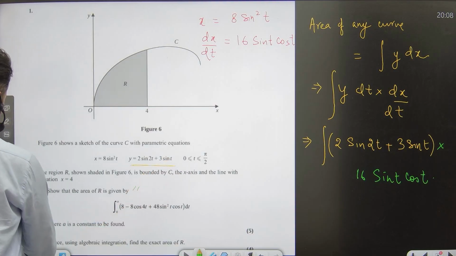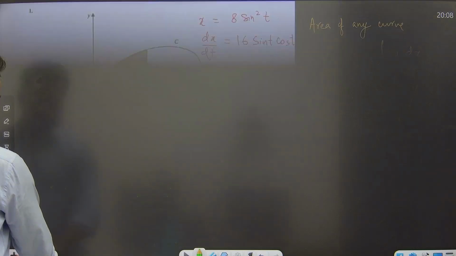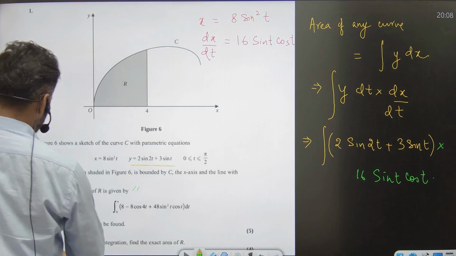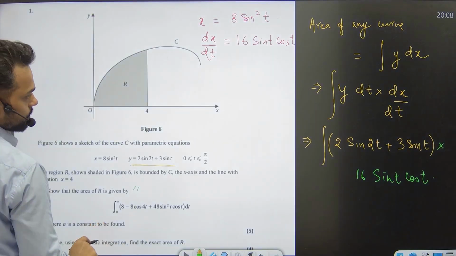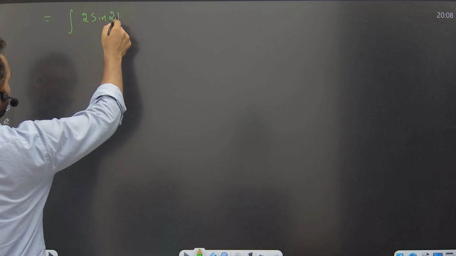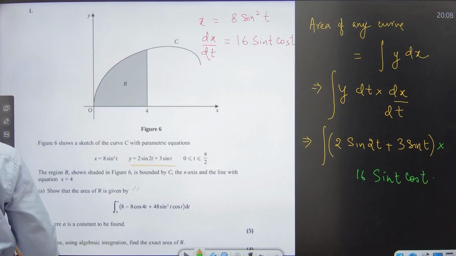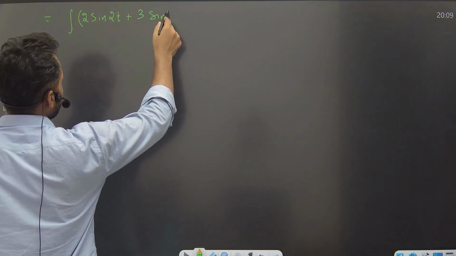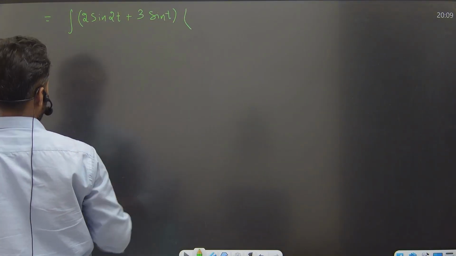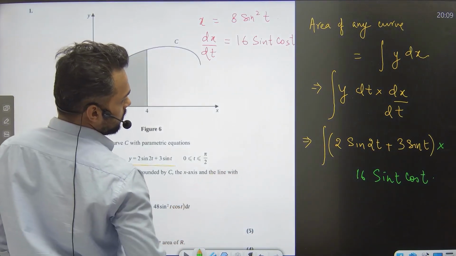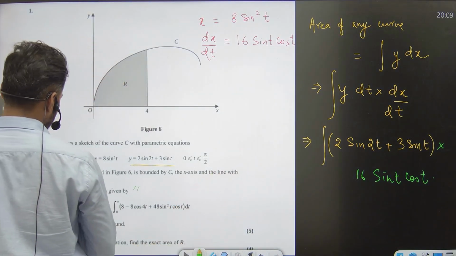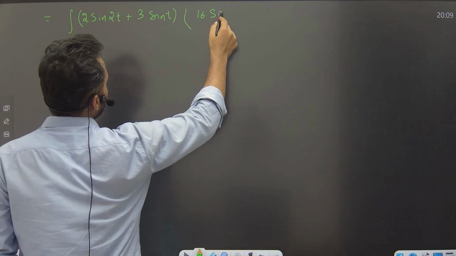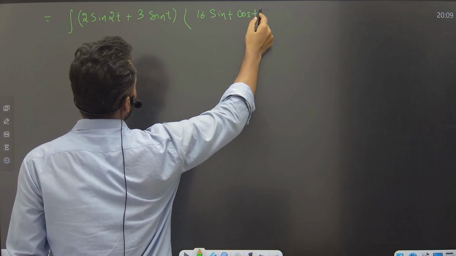So it will be 2 sin 2t plus 3 sin t cross 16 sin t cos t. Okay, student.